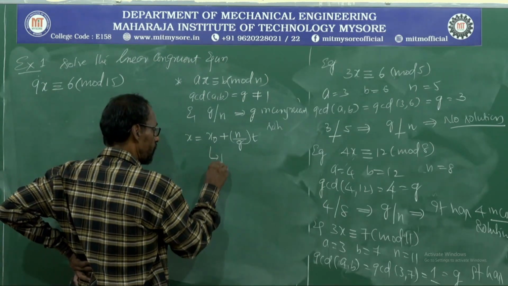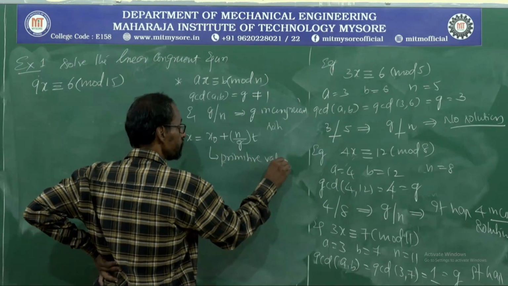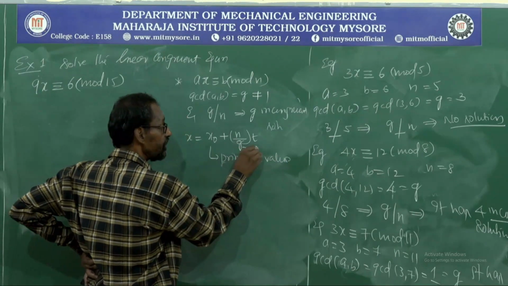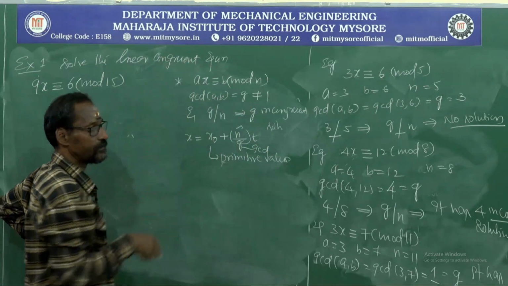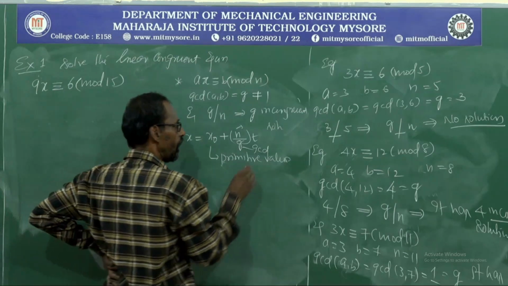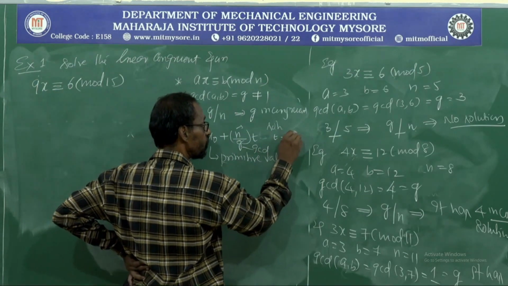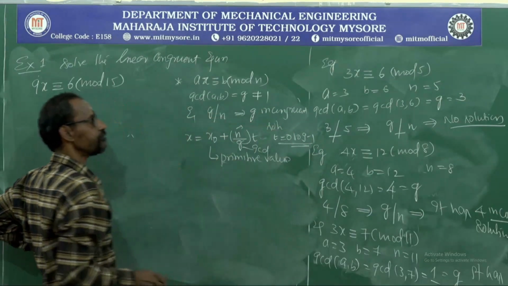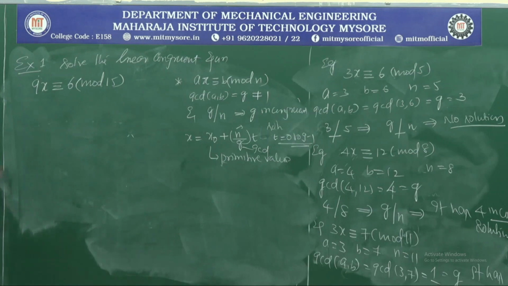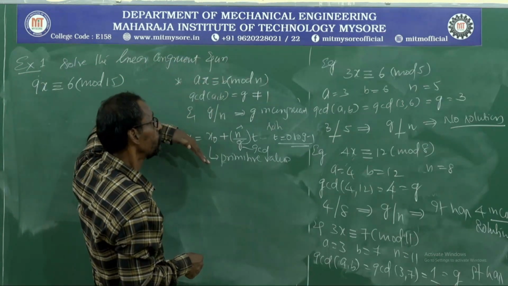It is called the primitive solution, fundamental solution, primitive value. And g is the GCD, and n is the divisor, called the modulo value. And t is an integral value. It has to run from 0 to g minus 1. This is the general representation of finding many solutions.